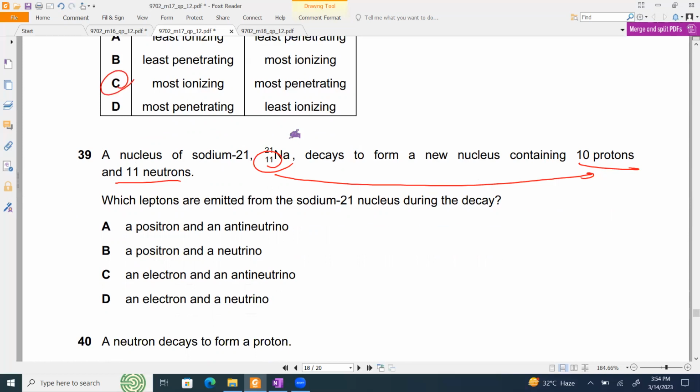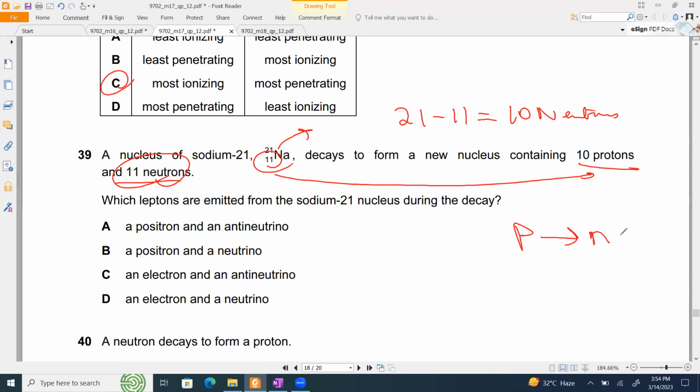And there were 21 minus 11, meaning 10 neutrons. Now they have got 11 neutrons. It means one proton is converted into one neutron. Do you understand? One proton is decreased, one neutron is increased.